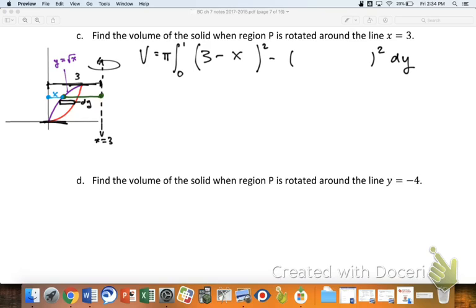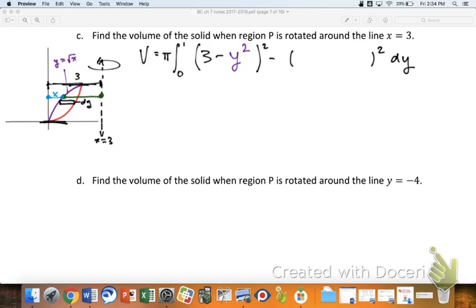So if y equals root x, x equals y squared. So I would replace that x with what x equals, and that's y squared. Is it making sense? Colin, question? You can also do y squared minus 3, right? It's just in the square. You can. Yep.